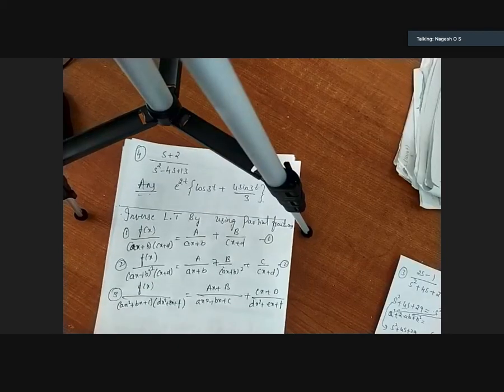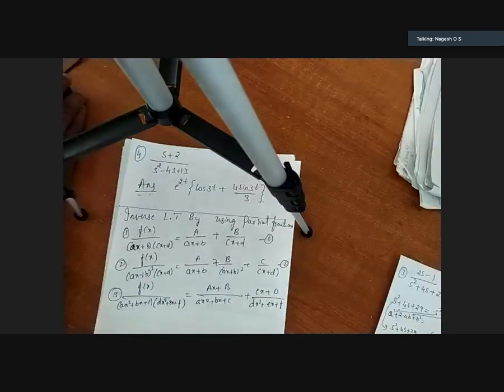These are the partial fractions methods. A, B, C, D, E, F, G, H are constants. We need to find them out. I will take one problem.